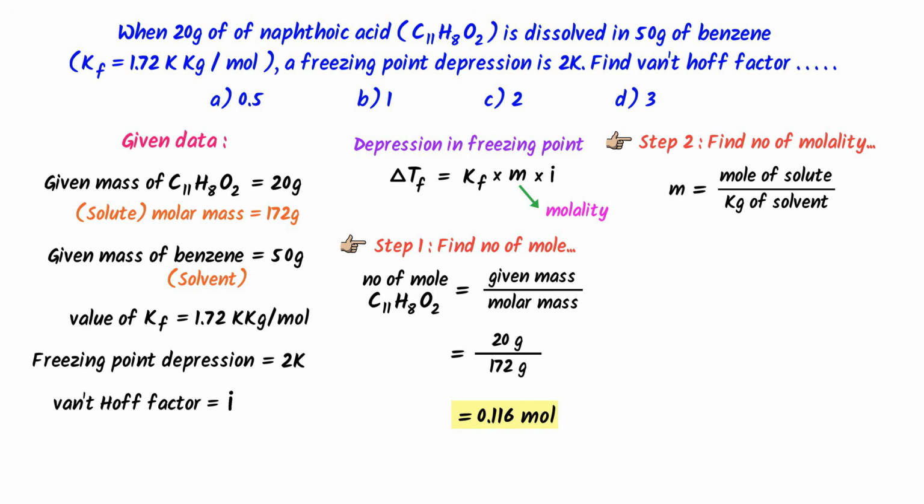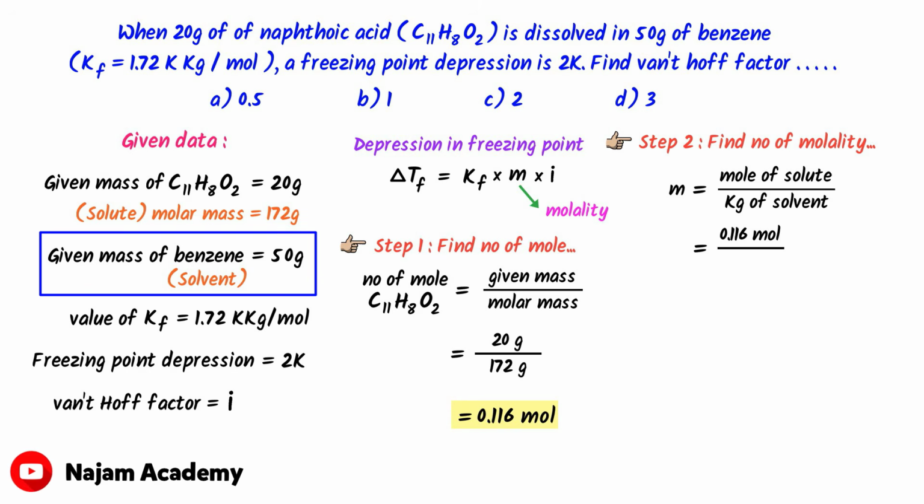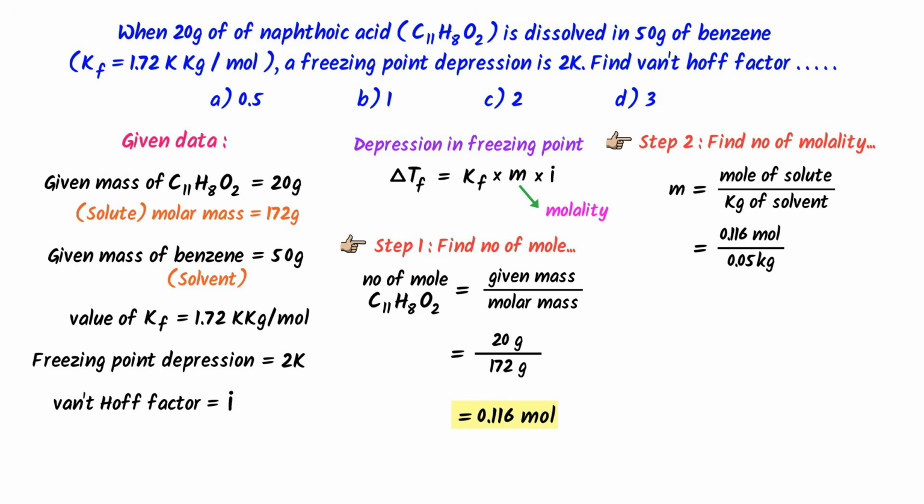The number of moles of solute is 0.116 mole. The mass of benzene, which is the solvent, is 50 gram. I convert it to kg. In kg, it is equal to 0.05 kg. After calculation, I get 2.32 mole per kg. Thus the value of m, which is molality, is equal to 2.32.